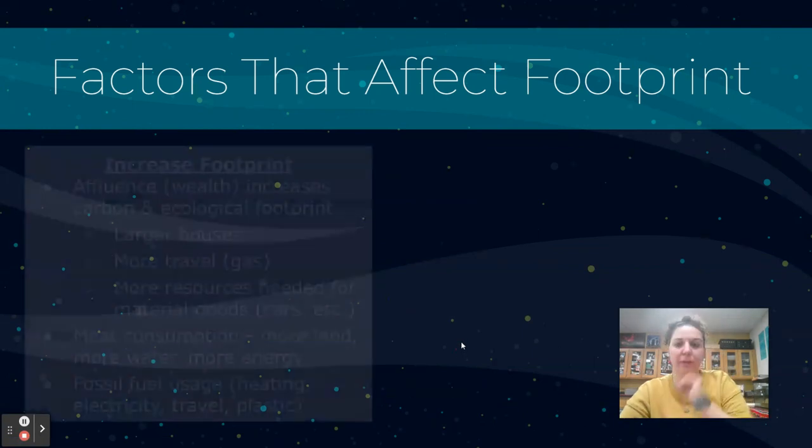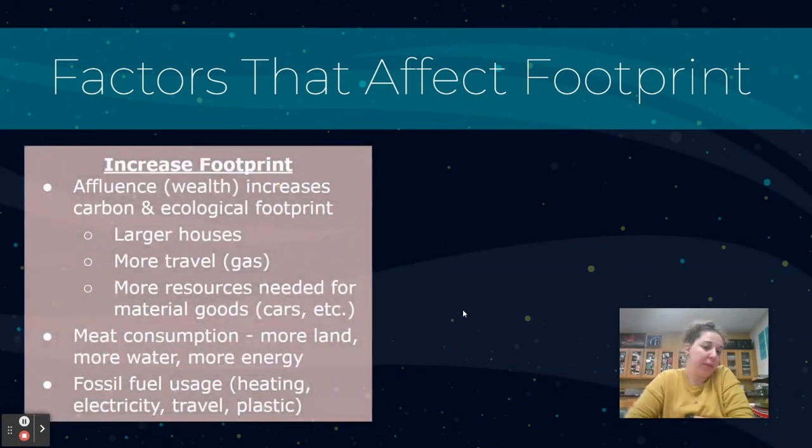So some things that are going to affect your carbon footprint: the wealthier you are, that's going to increase your carbon and your ecological footprint. That's because when you tend to be wealthier, you tend to have a larger home, you travel further, and you just use more things. Meat consumption is another one, because if you remember back, producing meat for us to eat takes a lot more land and water and energy than it does to create the same amount of protein from a plant.